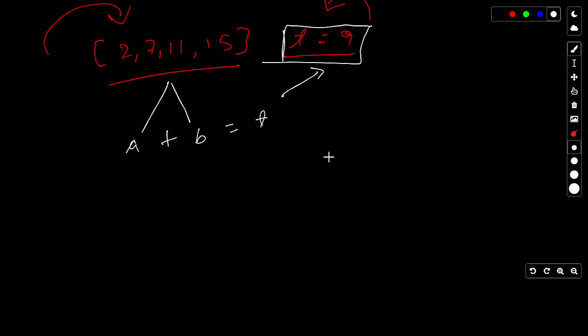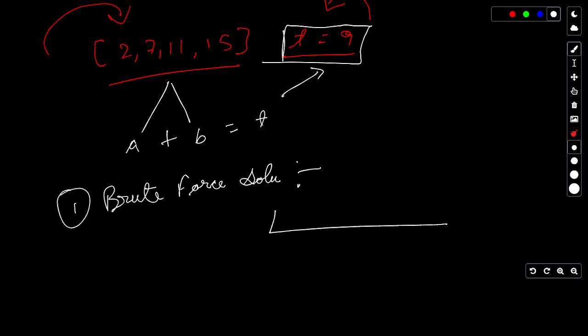The very first approach to this problem is iterating throughout the array. It is the brute force solution, which states that we iterate through the array with pointers i and j.